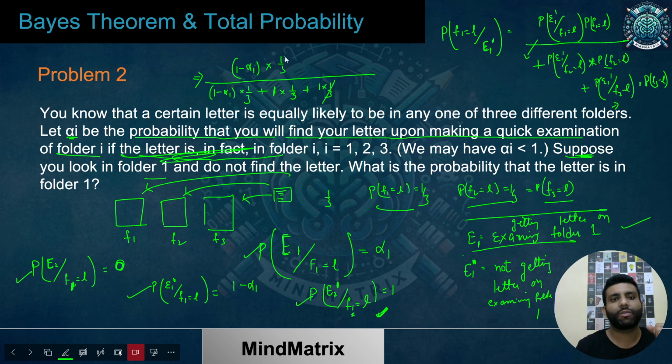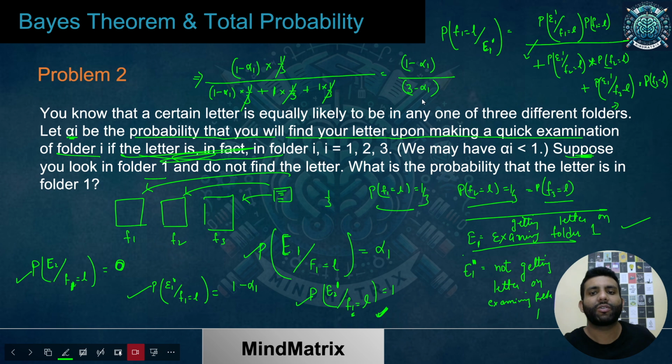This 1 by 3 is common for all, so it cancels with the numerator's 1 by 3. What do you get? 1 minus alpha 1 in the numerator, upon 1 minus alpha 1 plus 1 plus 1, that is 3 minus alpha 1.